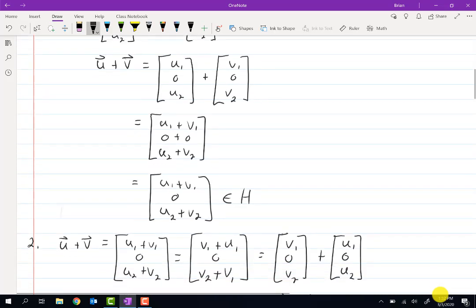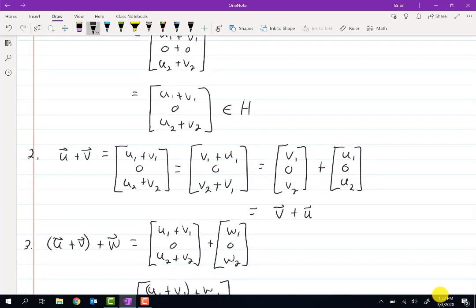But now let me go to some other ones here where I have U plus V equals V plus W. When I add them together and I switch them like this, I'm using the commutativity of the real numbers R. That's really not important inside, if I'm using the commutativity for the real numbers and that commutativity makes this subset H work, then it's not really a property of H that it worked.